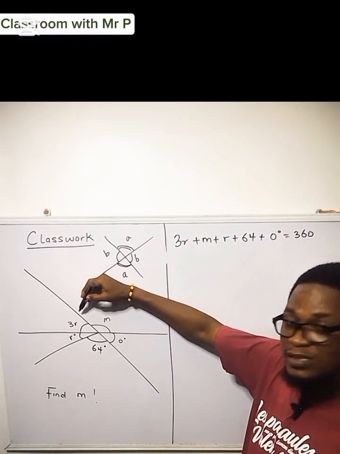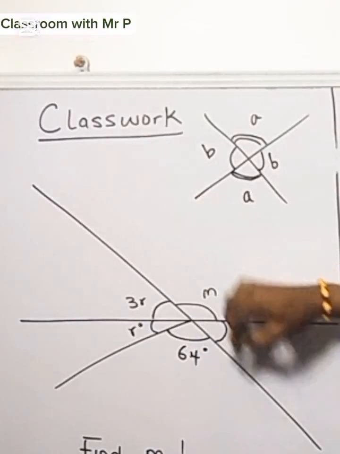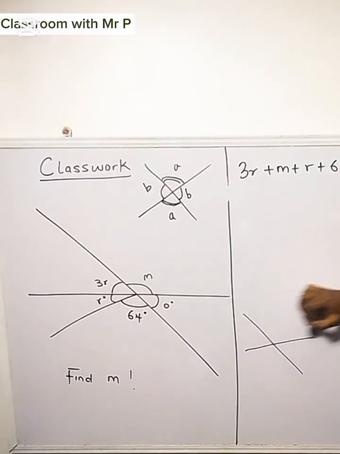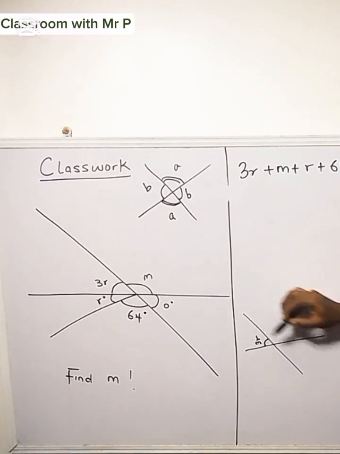Now if you look at this place, this straight line and this straight line, we have something like this here, where here we have 3R and here we have O. What does it mean?